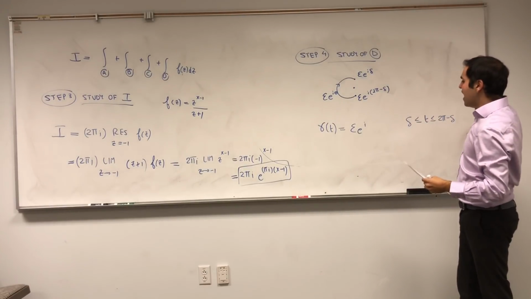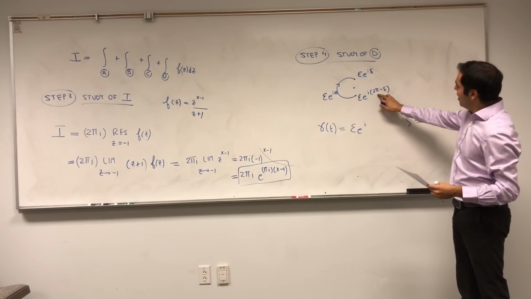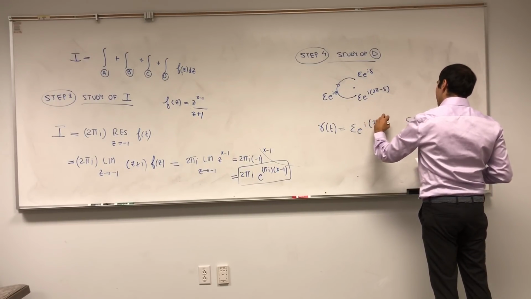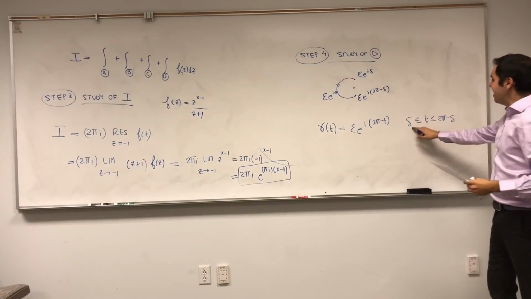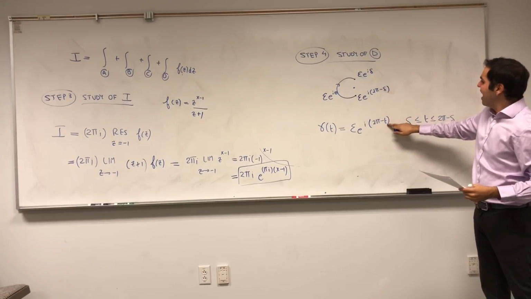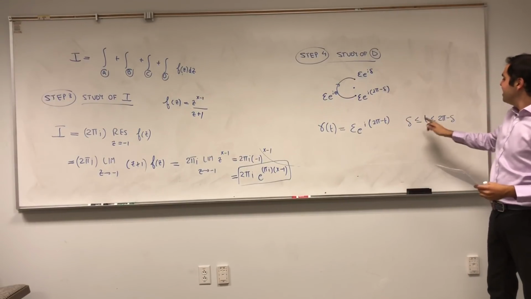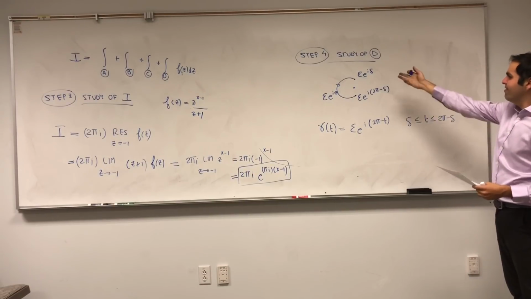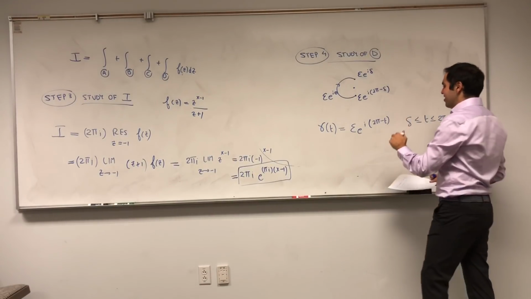Again, we want the time to be increasing, and that's why it's good to choose 2 pi minus t. Notice at gamma, it starts at e to the i times 2 pi minus gamma, and it ends at 2 pi minus 2 pi minus gamma, which is precisely e to the i gamma.